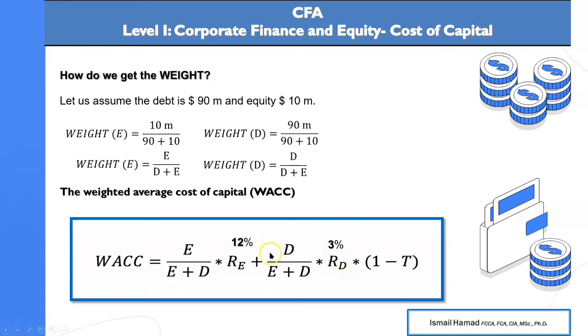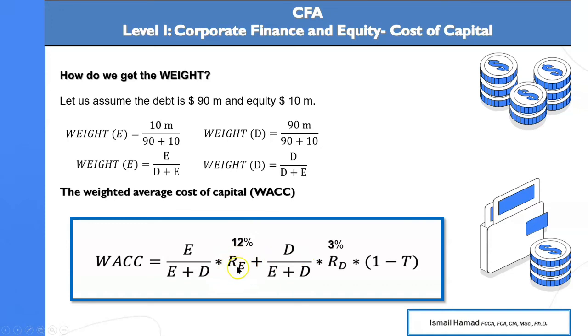This is why we say debt is always cheaper, because of the tax shield, as we mentioned in previous examples and videos. It is called a tax shield because it shields the profit from being taxed. So it will lower the cost further, because you pay less tax compared to equity.